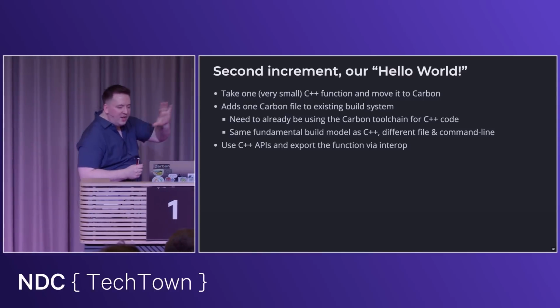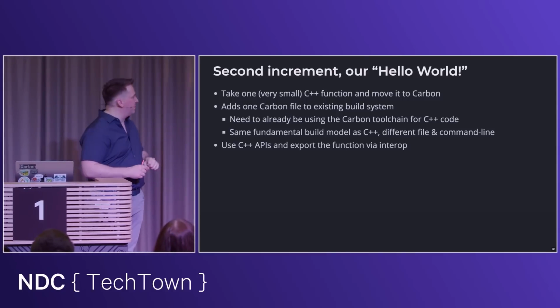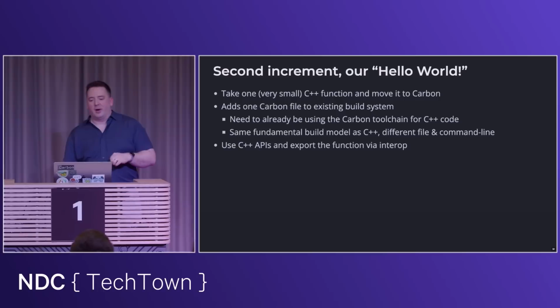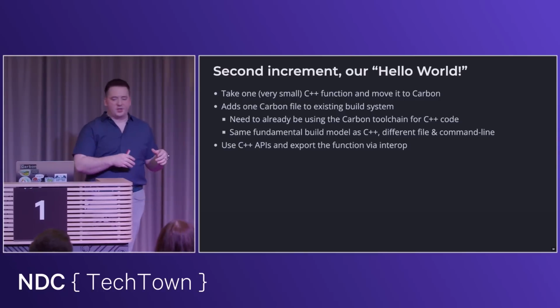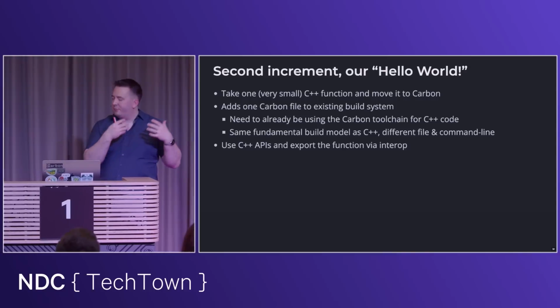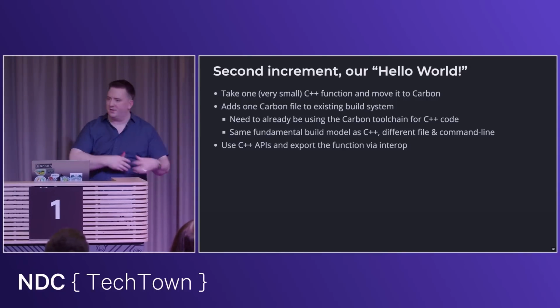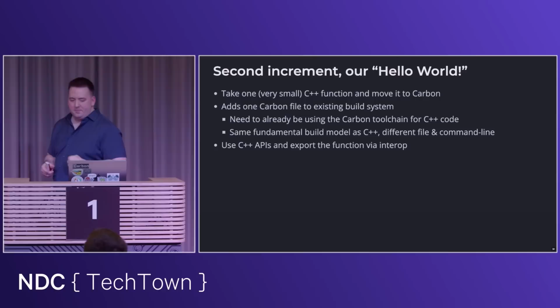So you add one Carbon file to your existing build system, right? You don't have to change any of your build system, just one new file. You're already using Carbon's toolchain to build all of your C++ code, and Carbon itself will have the same fundamental build model as C++, and so whatever your build system does for C++, that'll work for Carbon, right?